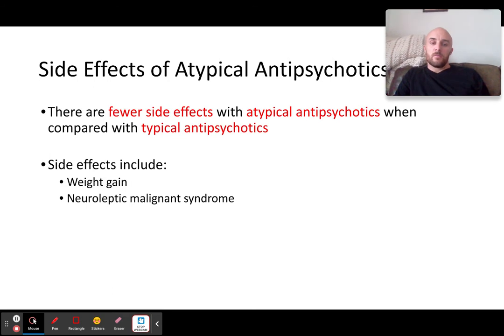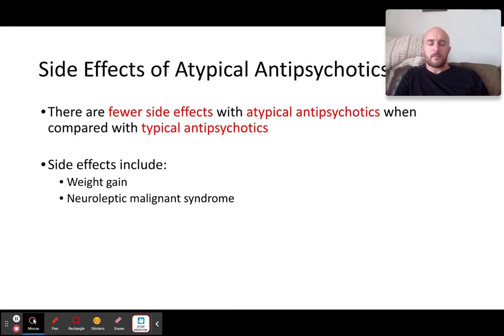So one thing I do want to go into again is side effects, which is quite important. Side effects of atypical antipsychotics are actually quite bad. There are fewer of them, but they are quite bad.